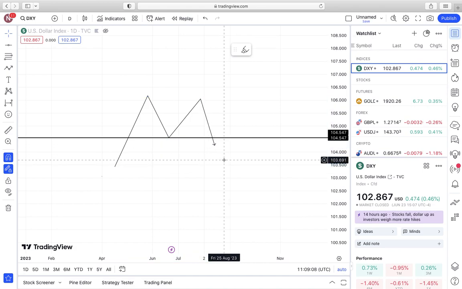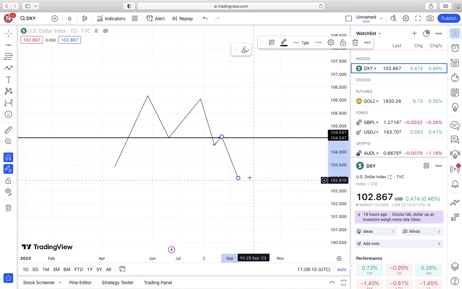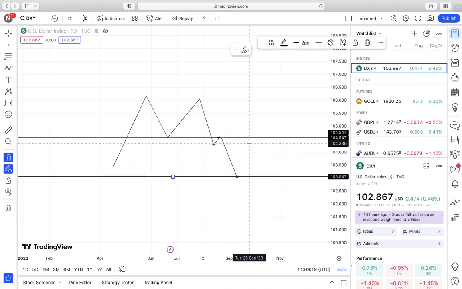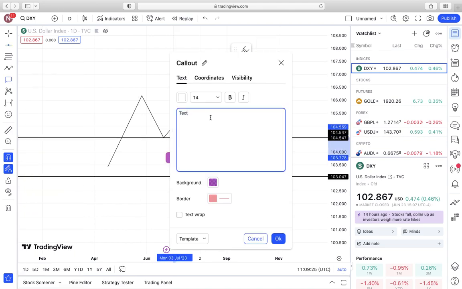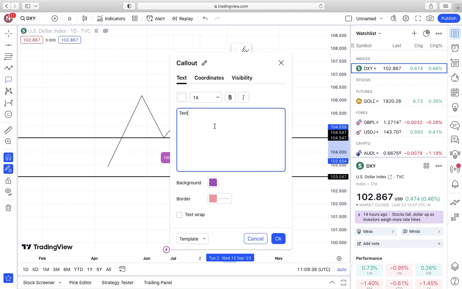Let me say there is a break of this zone. Some people will wait for this pullback for the market to go in its direction, for them to take profit at this given zone. Because some people love what they see, let us name them. This will be the neckline. Then there is what we call pullback. This will be a pullback.